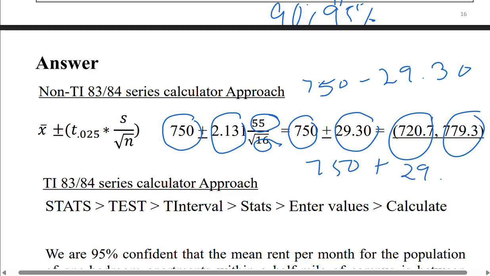And so we're looking at two values. The lower limit here is 720.7, and this calculation gives us the upper limit, which is 779.3. And so all interval estimate questions should give you two possible values.